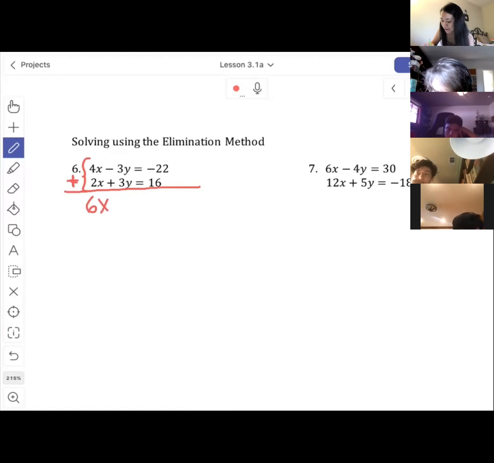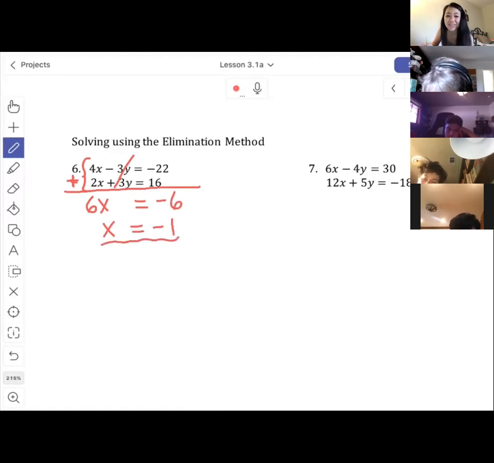And when I get negative 3y and I add 3y, I get 0y. So that eliminates the y variable, which is why it's called the elimination method. And I got negative 22 plus 16, which is negative 6. And that gets you x equals negative 1.